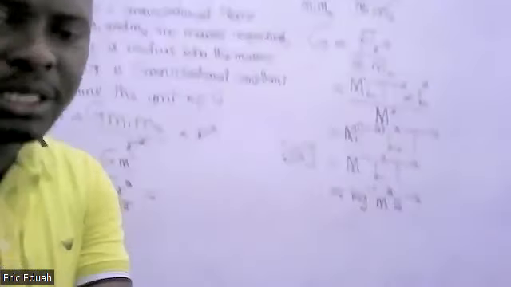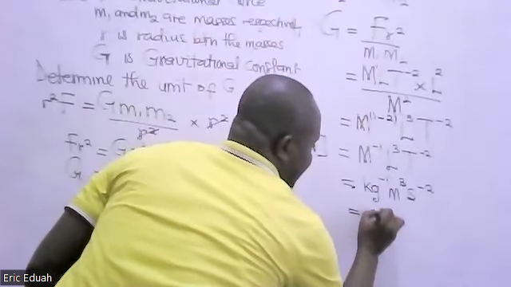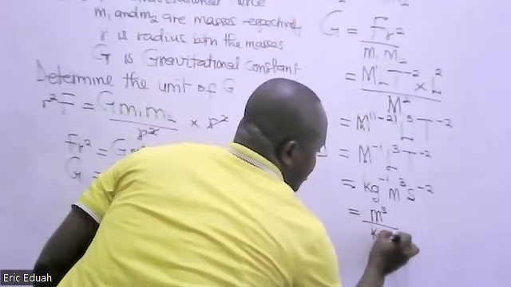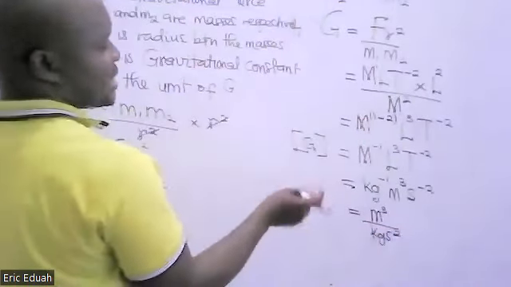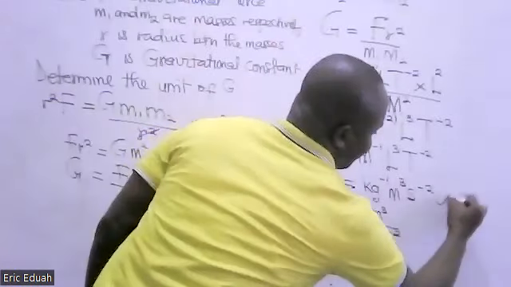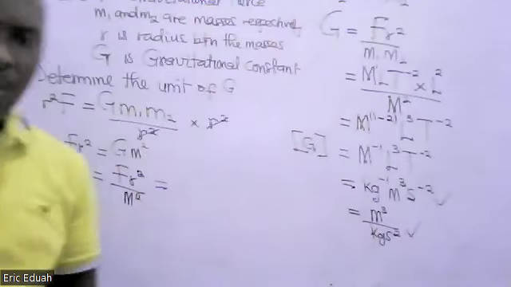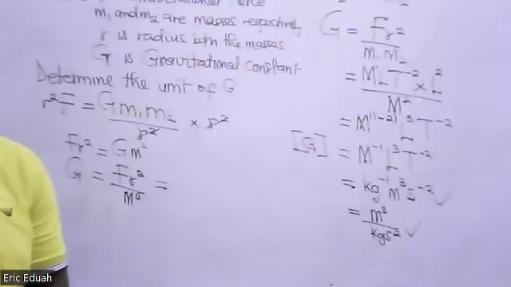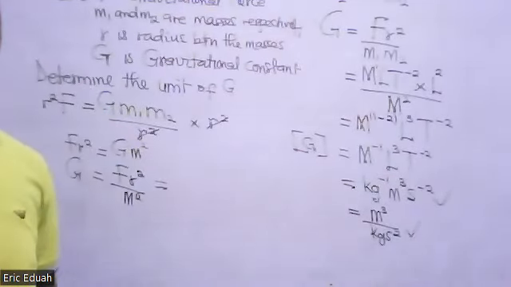Which we can also express as meter cube over kilogram per second squared. So either you present the unit in this format or in the second form. If you have any question, quickly ask, and let's move on to the second one. No question. Good.